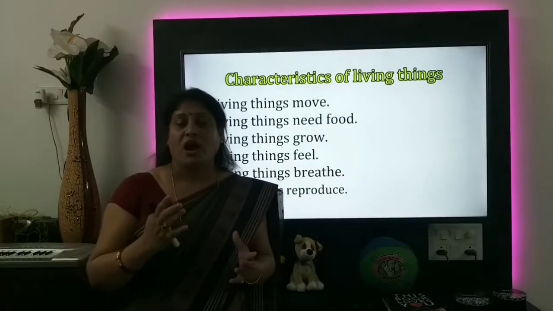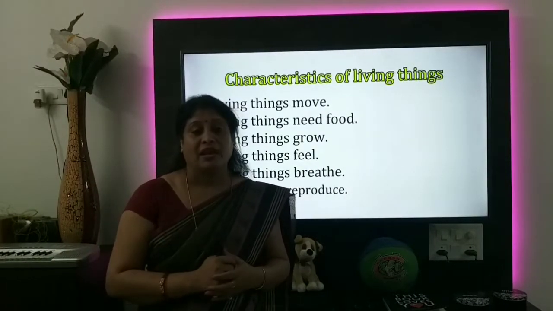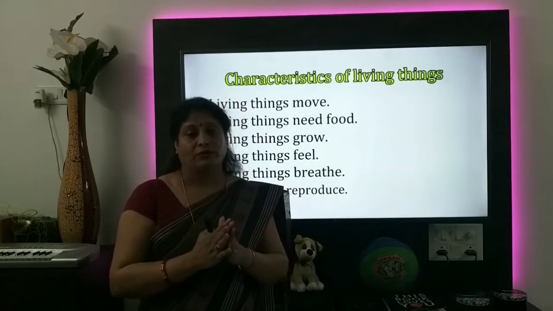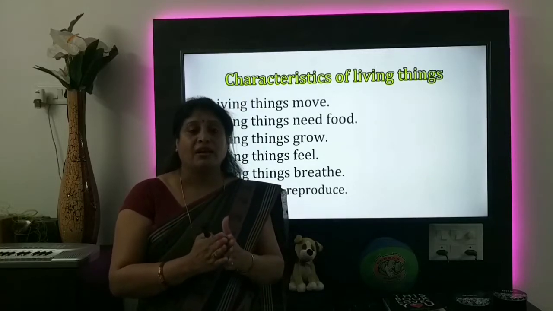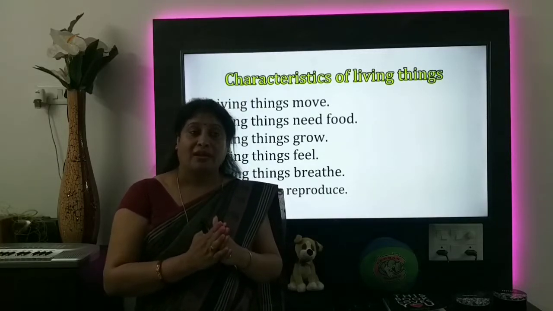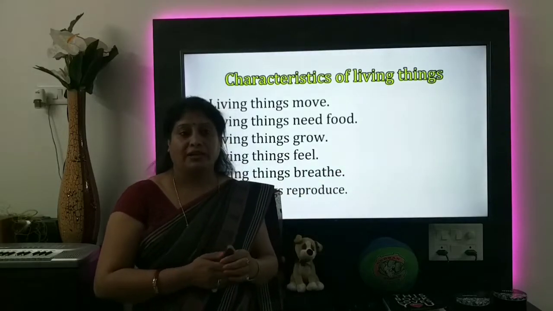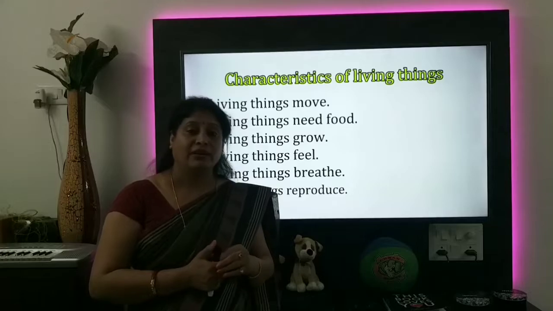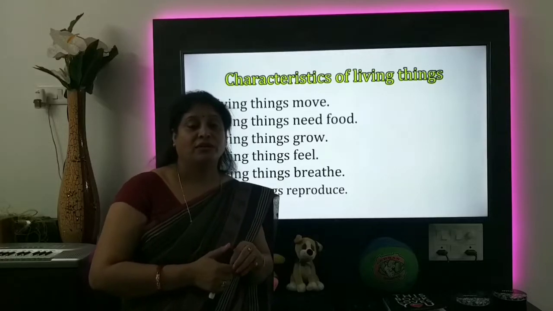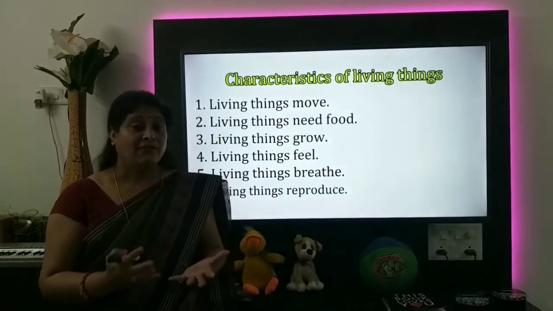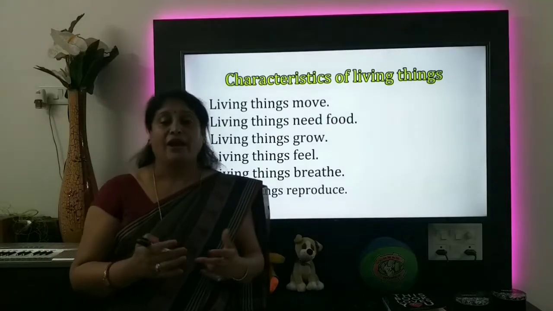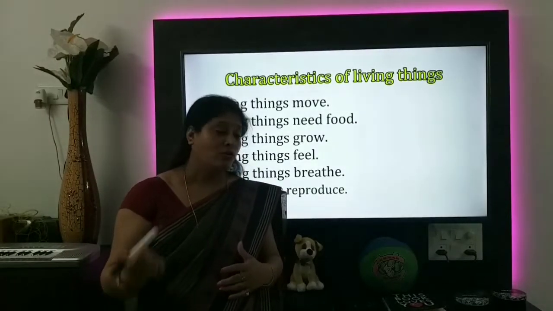When we touch the touch-me-not plant, its leaves fold. It shows their movement. And sunflower turns towards the sun. All this is movement of living things. So, children, we can say living things can move and non-living things cannot move.